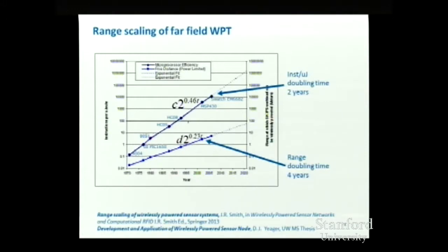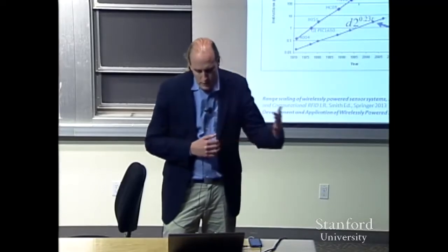And then the bottom trace is, if you think about a particular workload that we're going to execute using one of these microcontrollers, like let's say make a sensor measurement, encode the data, maybe compute a CRC, and then you ask, what's the total energy it takes to do that workload? And we assume we can transmit a certain amount of power wirelessly. So the law allows us to transmit a certain amount. That power falls off as 1 over r squared with distance.